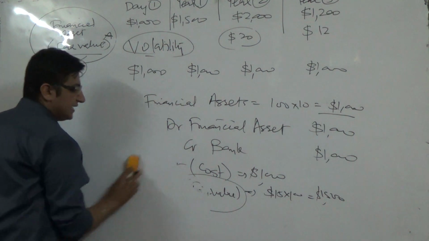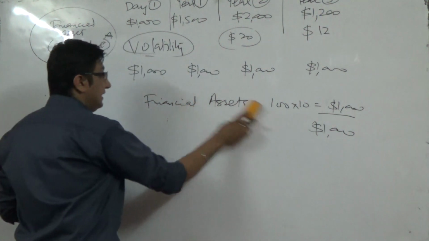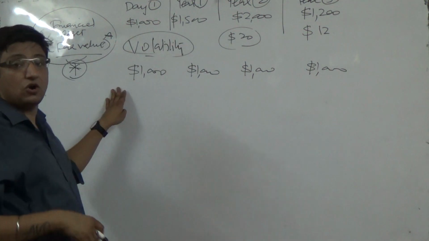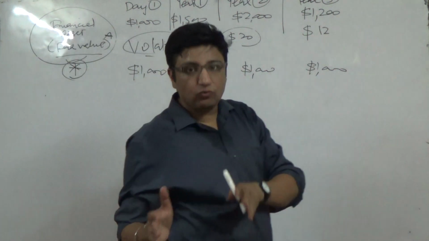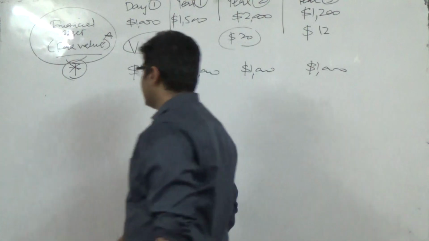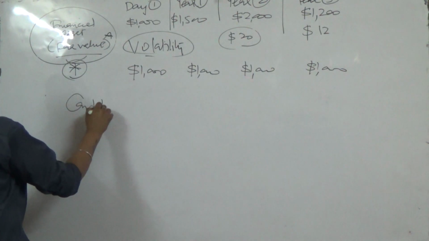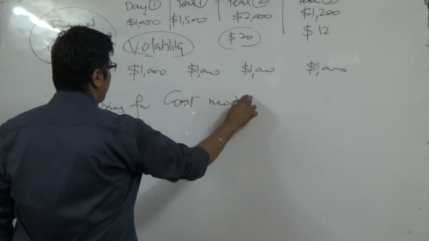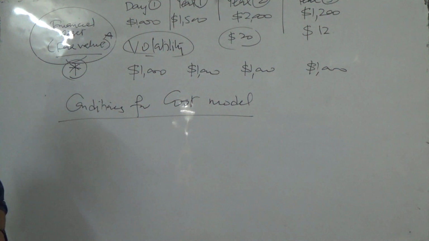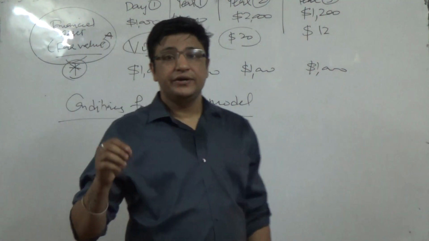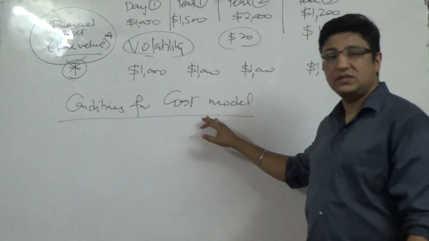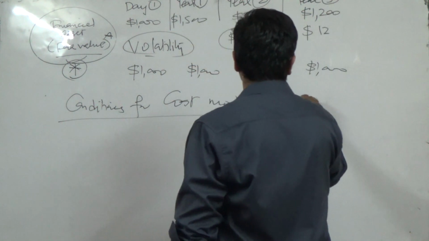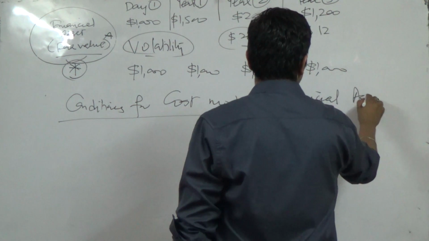this particular accounting standard is a little more rigid. It says that if you want to go for the cost model or the cost method, or if you do not want to go for the fair value method, there are conditions for the cost model, right? There are conditions attached to be able to use the cost method by an entity for its financial assets.